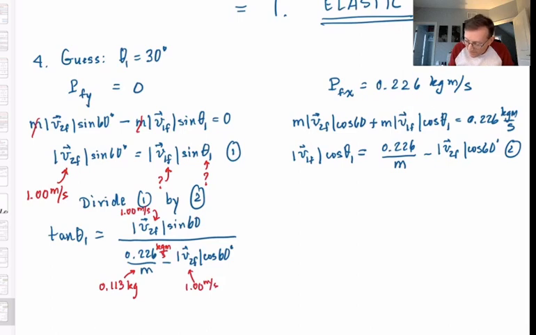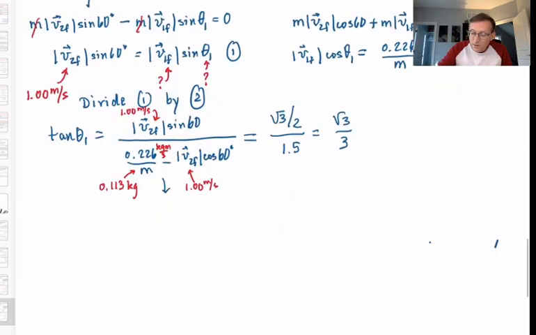Do that very carefully on your calculator, and you end up getting, in the numerator, square root of 3 over 2, and in the denominator, 1.5, or 3/2, which means that this is really the square root of 3 over 3. And that's what tan theta 1 must equal.